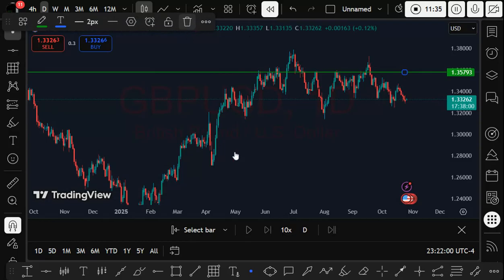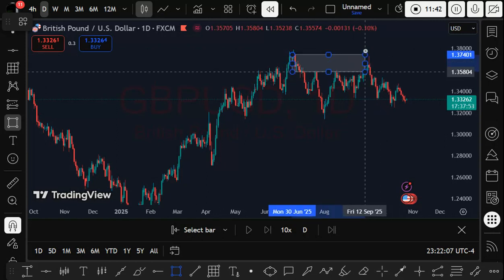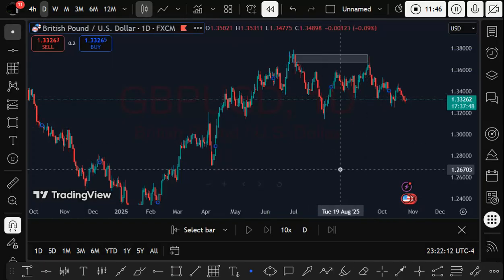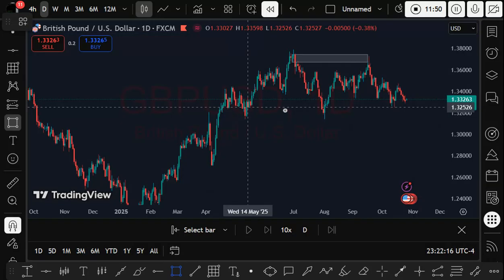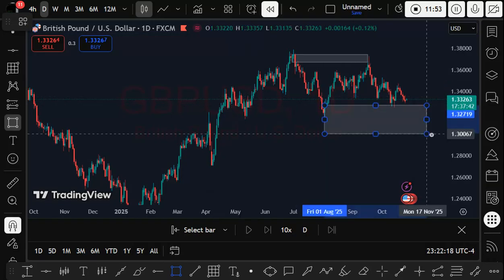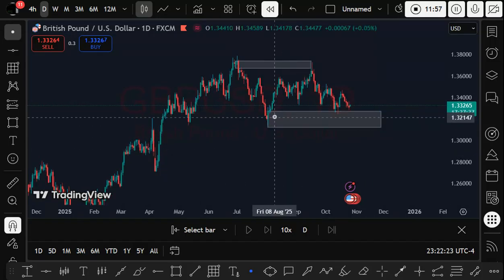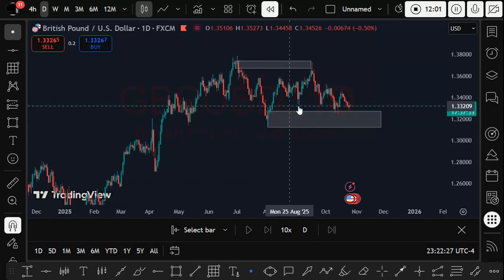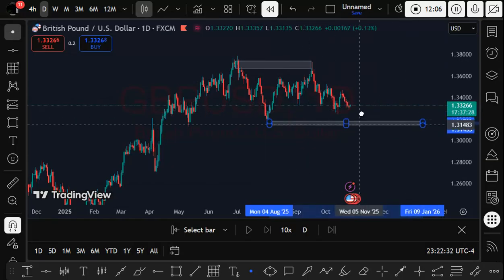You can see that the market is still bullish on the pound pair, but you can still be looking at this area here, since the market was pushing up, which led to a sweep of the liquidity. Then once the market sweeps this area here, we can see what the market will be trying to do.